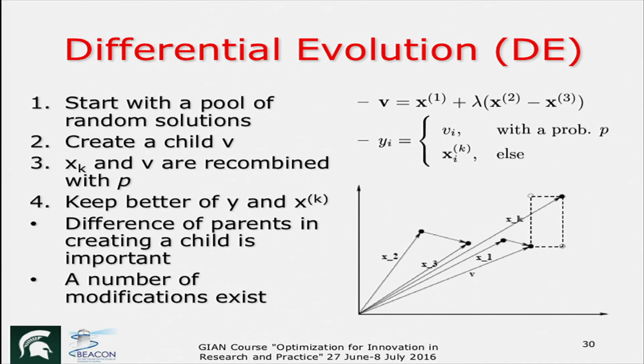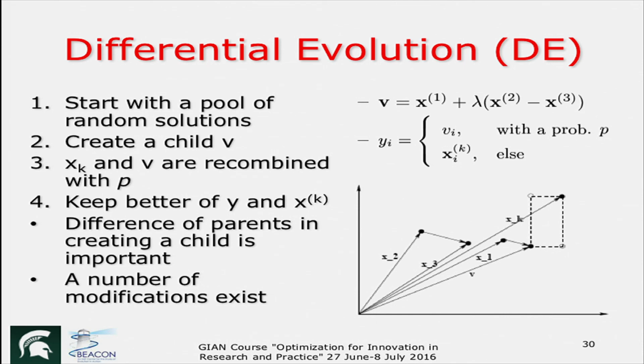Now, this is called a steady state evolutionary algorithm, where you are not waiting till all n offspring population members are created, and then you combine with the parent, keep the better one. You're not doing it that way. Every child is created one at a time, and then it has the chance to enter the population and can become a parent immediately. Because next iteration, you can choose this as one of the parents.